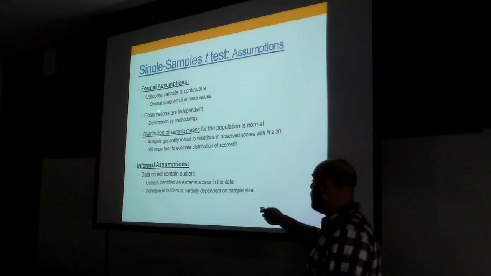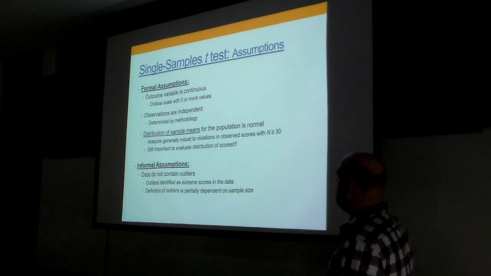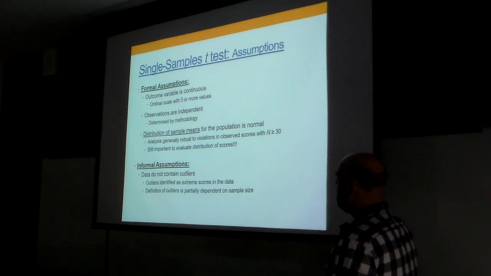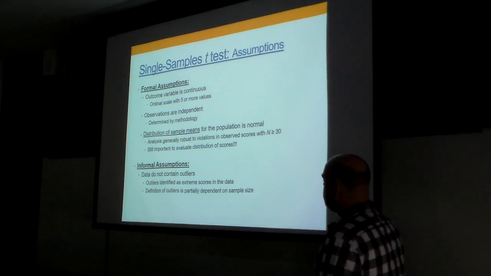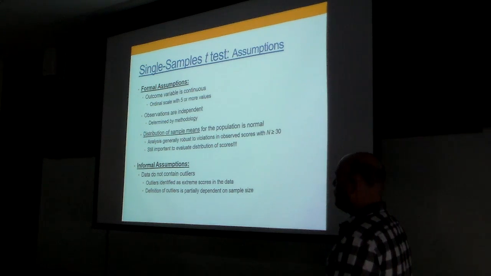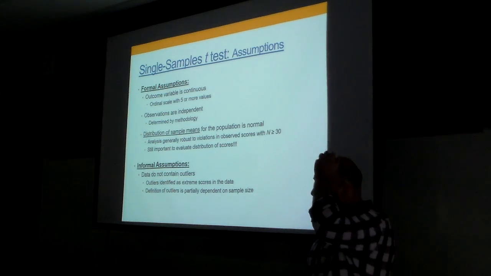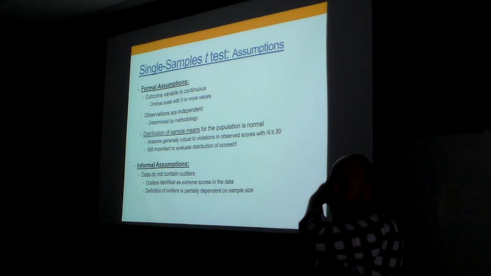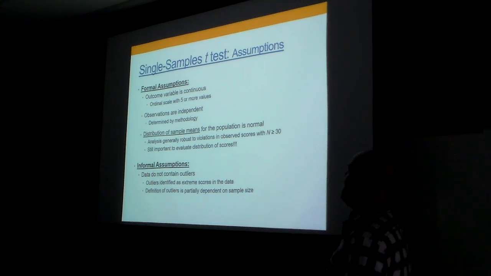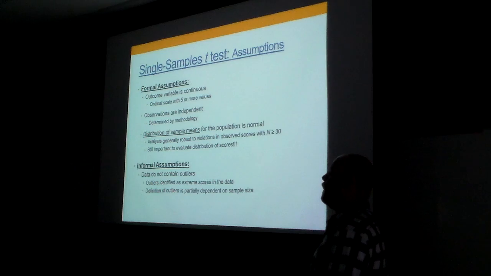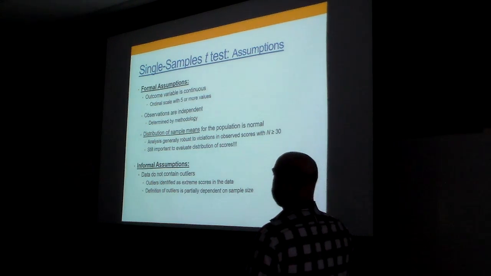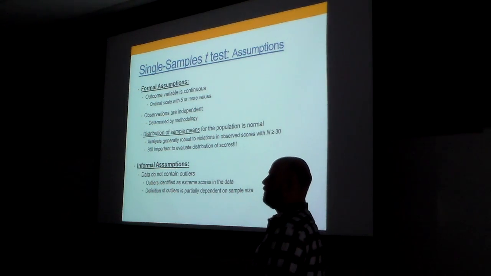So continuous outcome, observations are independent, and this is a big one, okay? The distribution of sample means for the population is normal. Kate, what do I need in order to make an assumption that the distribution of sample means is normal?